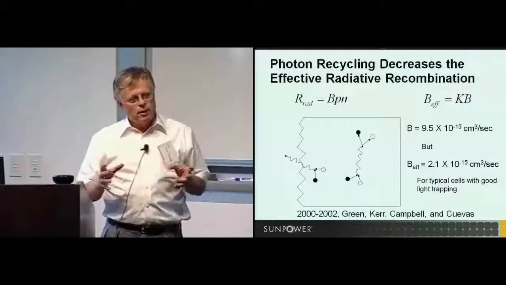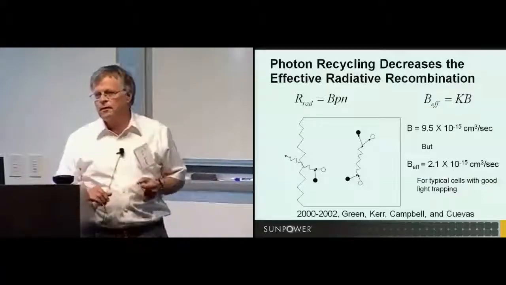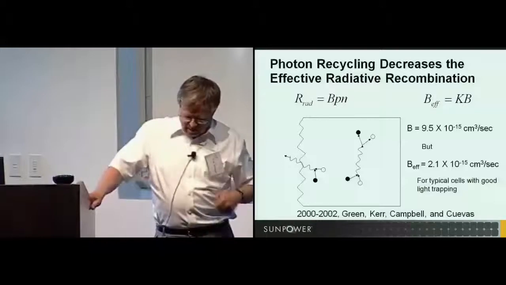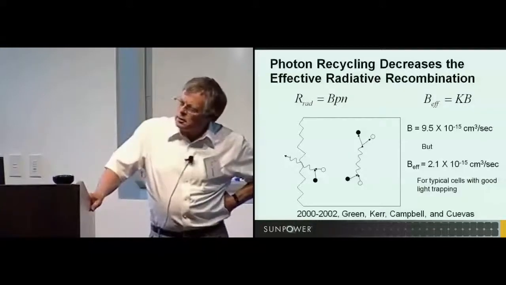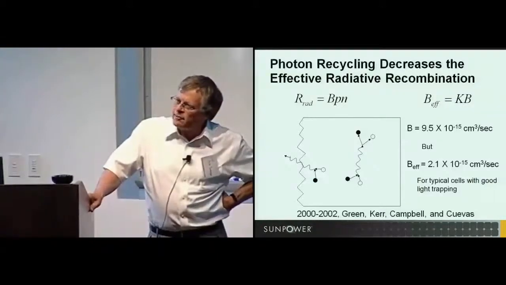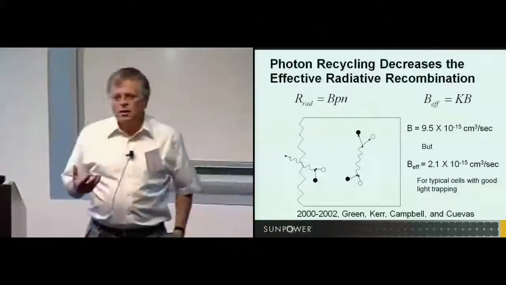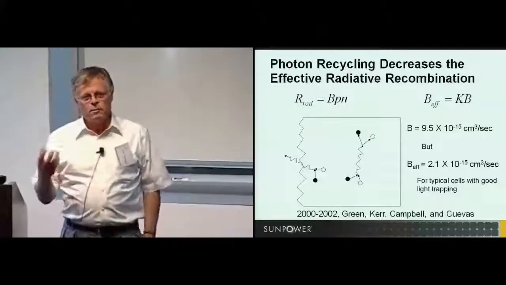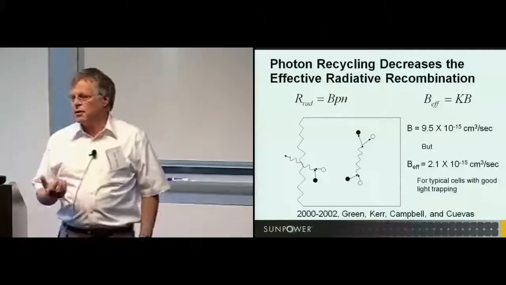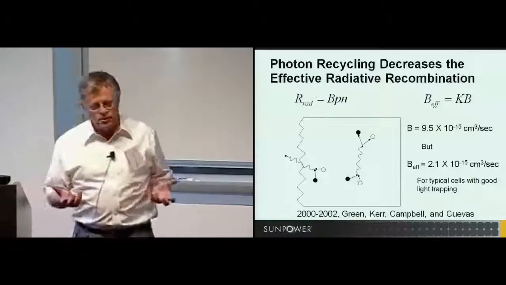There's this phenomenological constant called the radiative constant. What do you call it? B, the radiative recombination coefficient. Yeah. That was measured. What people didn't realize is when they were measuring it, they were including photon recycling because of the way the measurement was done.